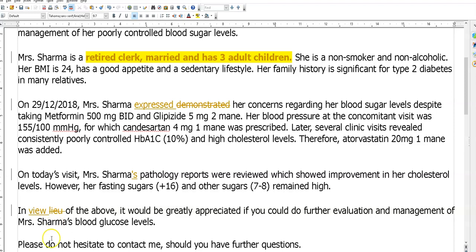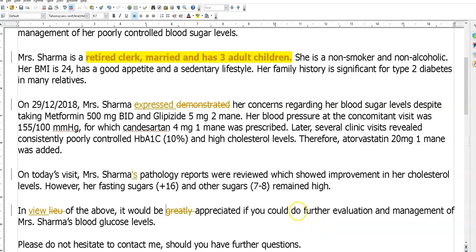It would be greatly appreciated. Well, why is it greatly? Why do people keep using these adverbs, highly, greatly? You don't have to say, I would appreciate it. If you could further evaluate, or well, you can do, but why do you do evaluation? You simply use evaluate as the verb.